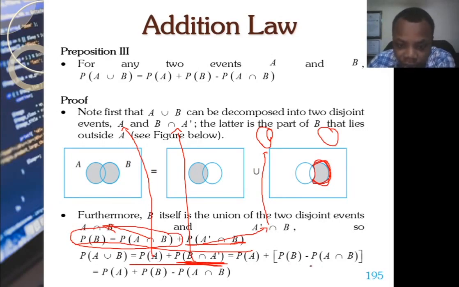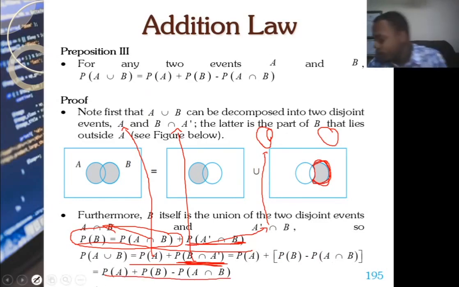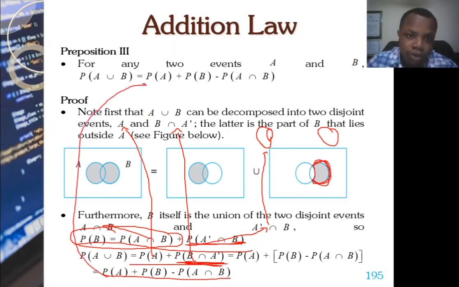Then replacing all this, we have the probability of B minus the probability of A intersection B, as we deduce from making this the subject of this equation. Now if we rearrange the terms, this will be the same as P of A plus the probability of B minus the probability of A intersection B. And this is how we prove this addition law of two events.